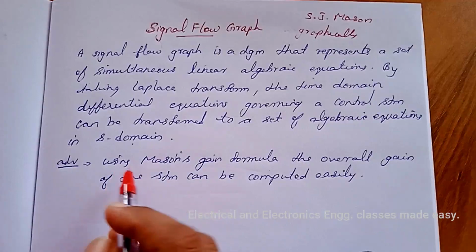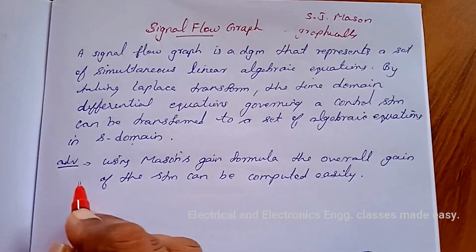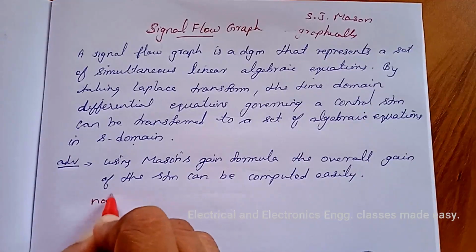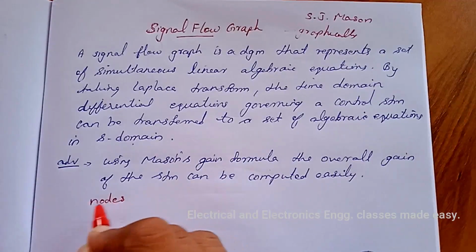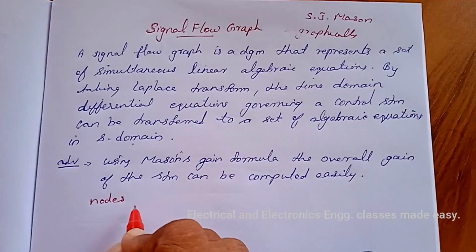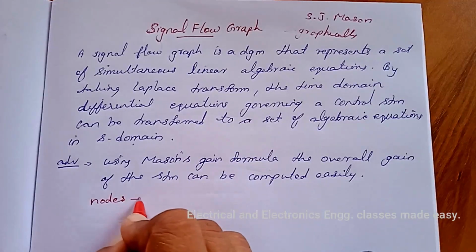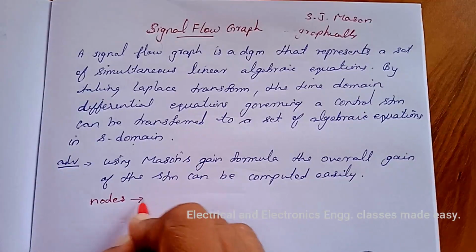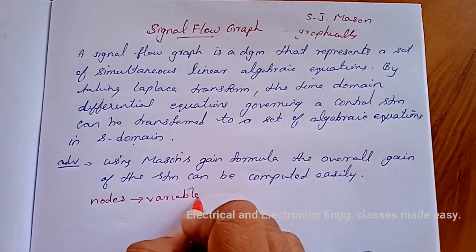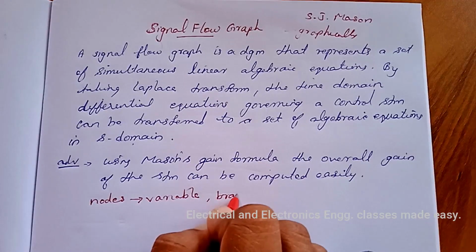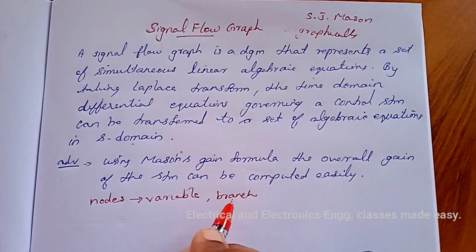And a signal flow graph consists of a network in which nodes are connected by direct branches. Each node represents a system variable, and each branch connected between two nodes acts as a signal multiplier.